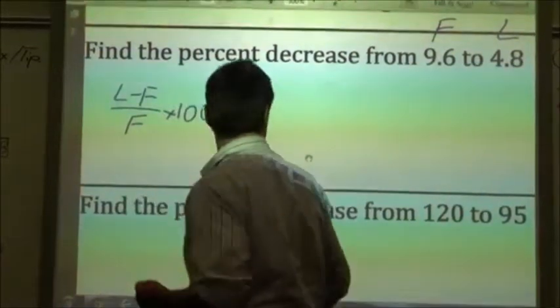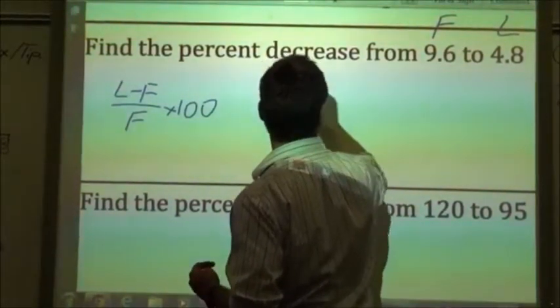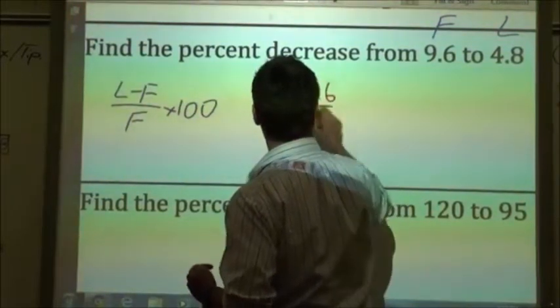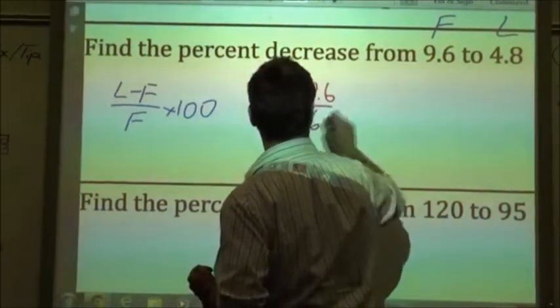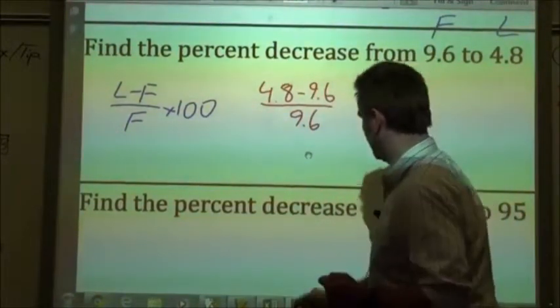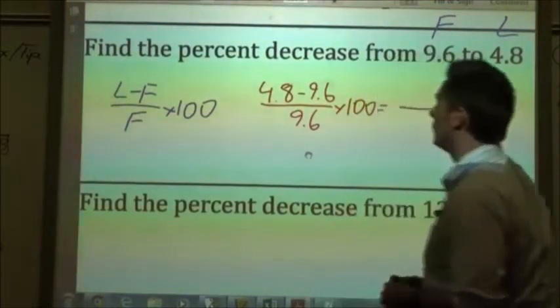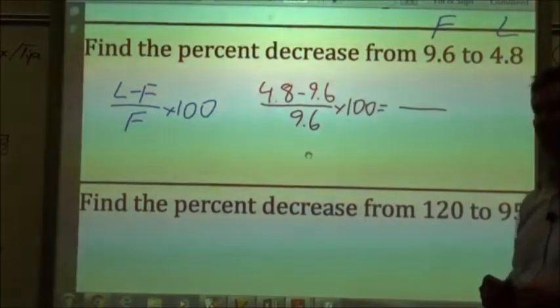In our case, it will be 4.8 minus 9.6 over 9.6 times 100, which equals 4.8 minus 9.6 equals what?